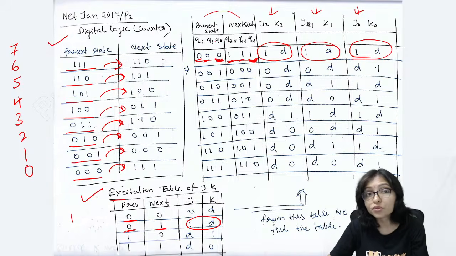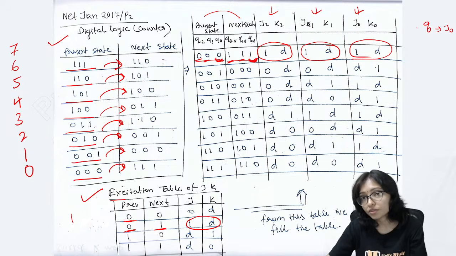Okay, you have to think this is my Q0. Q0, Q next means I have to fill J0. Q1, Q next means I have to fill J1 and K1. Q2 means I have to do J2 in this way.